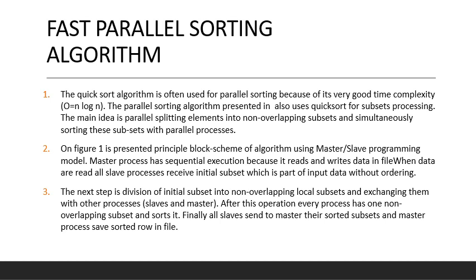The next step is division of the initial subset into non-overlapping local subsets and exchanging them with the other processors, slaves and master. After this operation, every processor has one non-overlapping subset and sorts it. Finally, all slaves send to the master their sorted subsets and the master process saves the sorted row in a file.